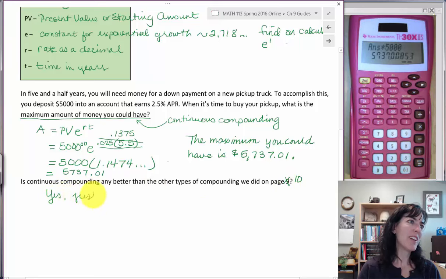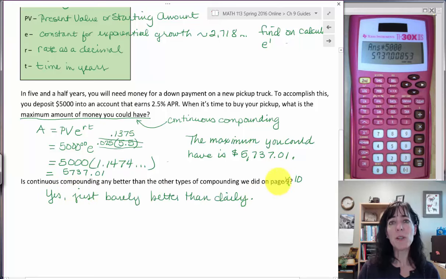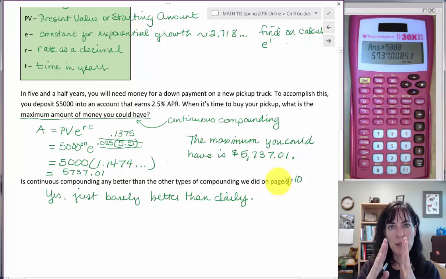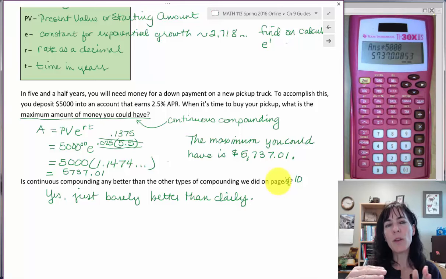Yes, just barely. And what mathematicians have found is that as you make the number of compoundings greater and greater, which means the distance from when you compound one time to the next is shorter and shorter, so that you're doing it every instant, the formula doesn't have to change very much.